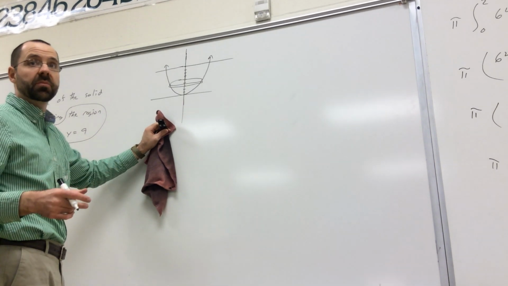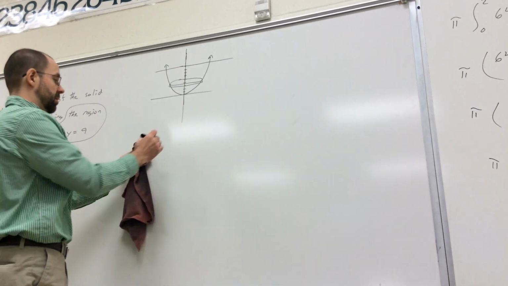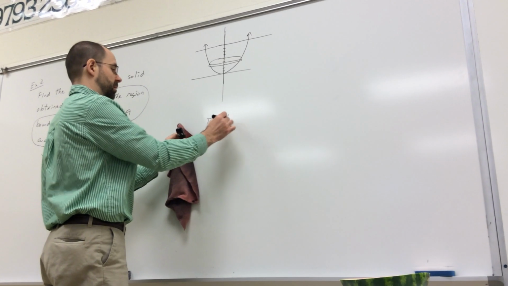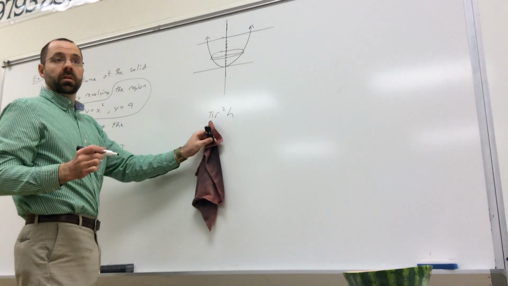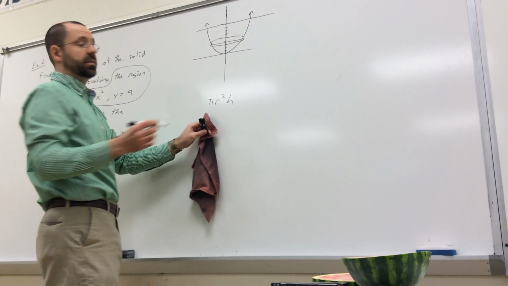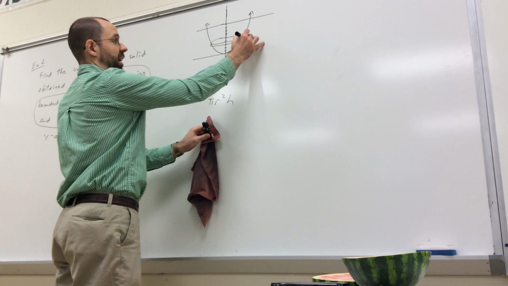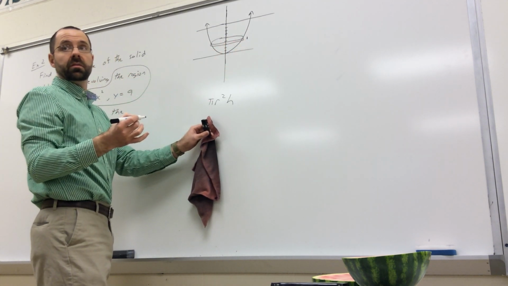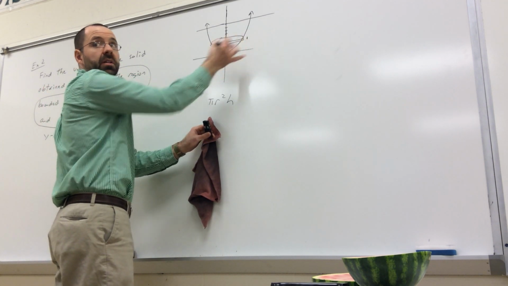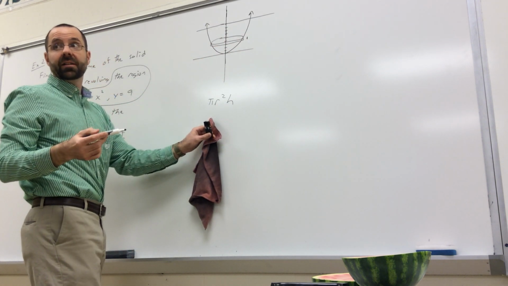So that's pi r squared times h. This time the height is a small change up and down. So this time the height is dy.